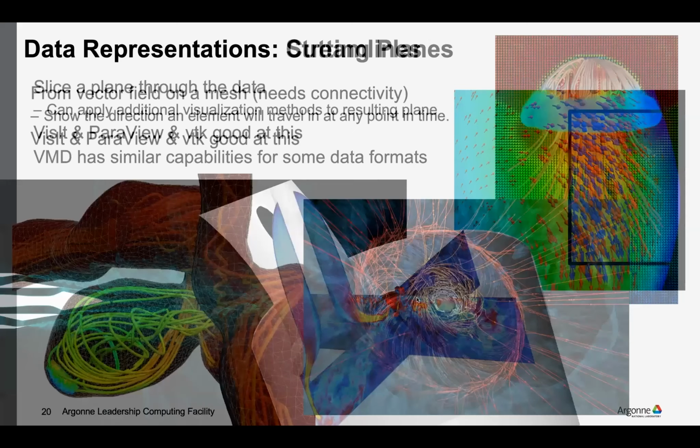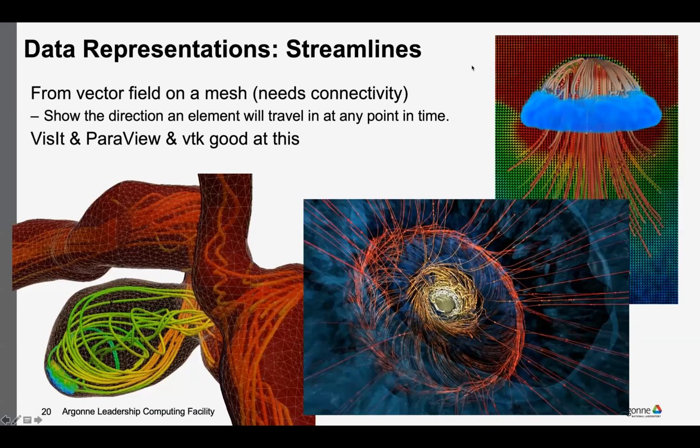There are a couple of different representations that you can use for looking at a vector field, for vector data that has multiple components. And for this, essentially you need to have a mesh where there's connectivity. In this case, we're looking at streamlines, and streamlines show the direction that an element travels at a particular point in time.